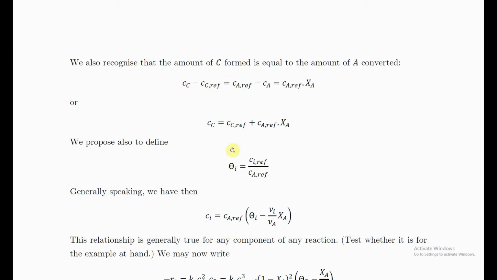So if you look back at each of our expressions, for CC, we had CC ref, and we can see that CC ref is equal to theta C times CA ref. So theta I times CA ref is going to be the first term. So that's what we can see in the general expression. The reference amount times theta I, that seems to fit what we have for component C here.